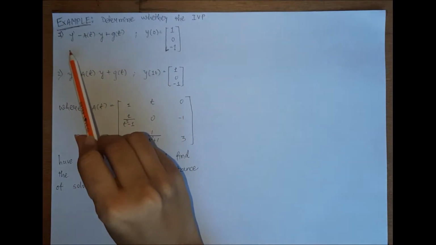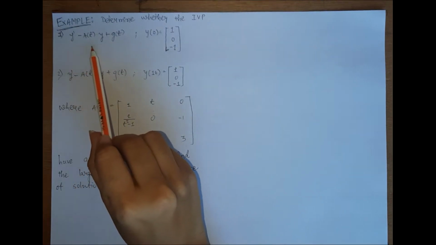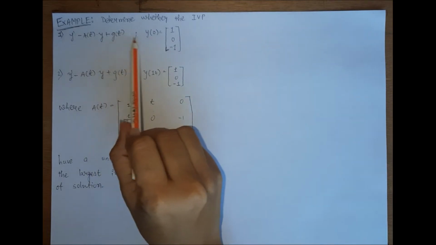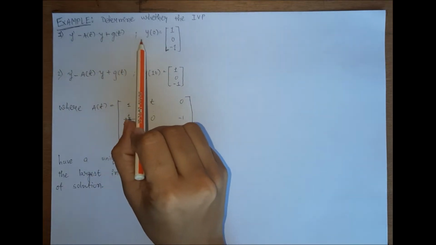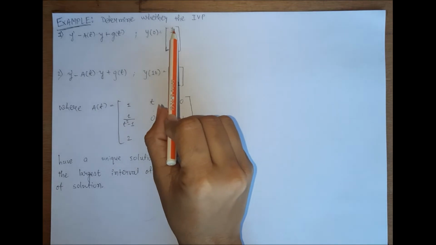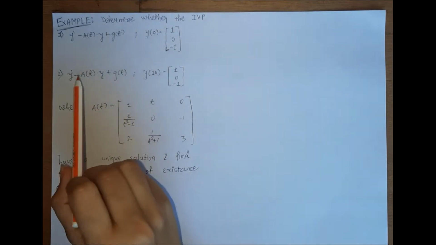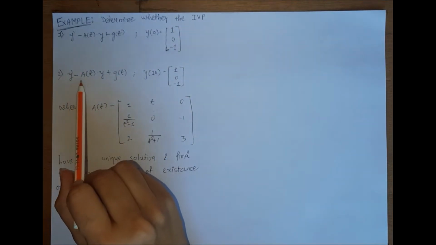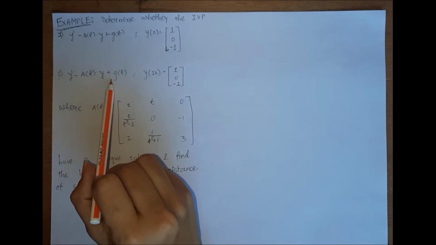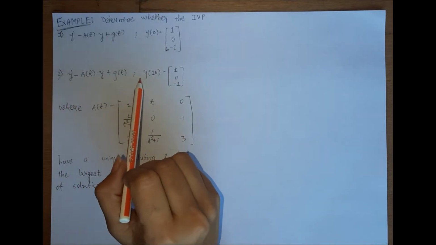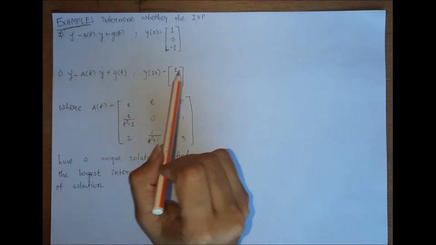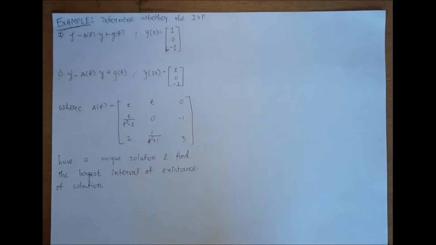The first is given by y' = A(t) y + g(t), with the initial condition y(0) = (1, 0, -1). The second is y' = A(t) y + g(t), with the initial condition y(10) = (1, 0, -1).